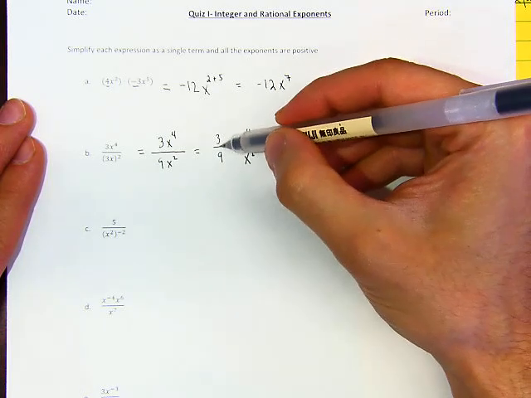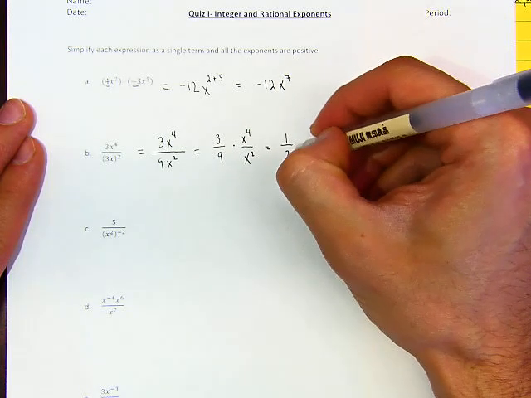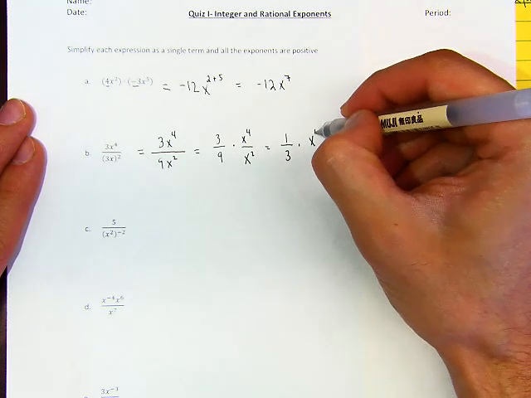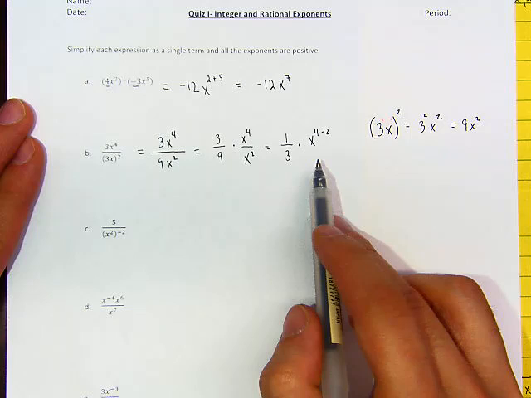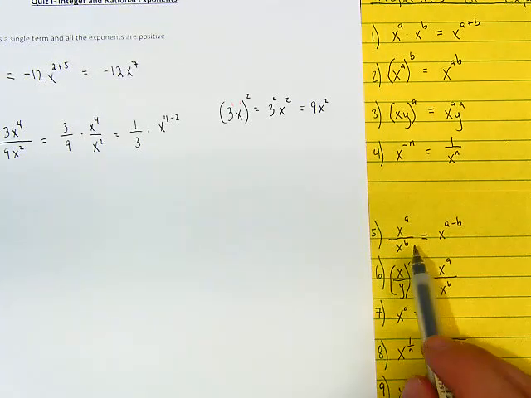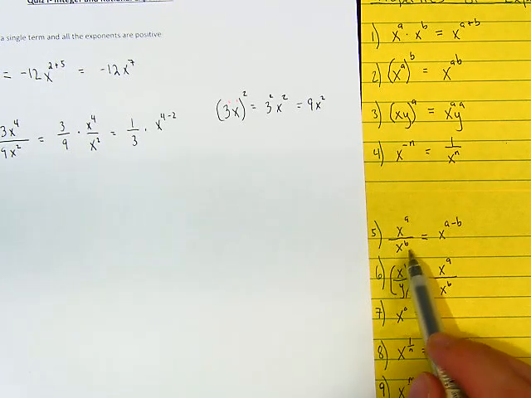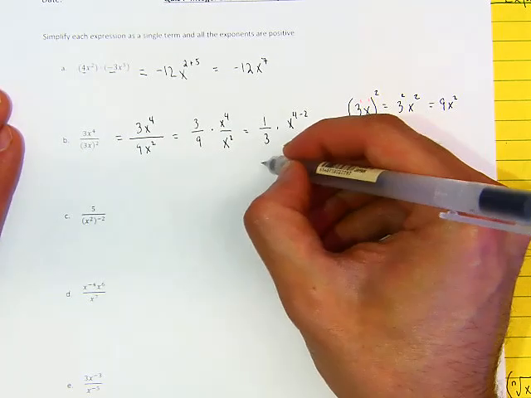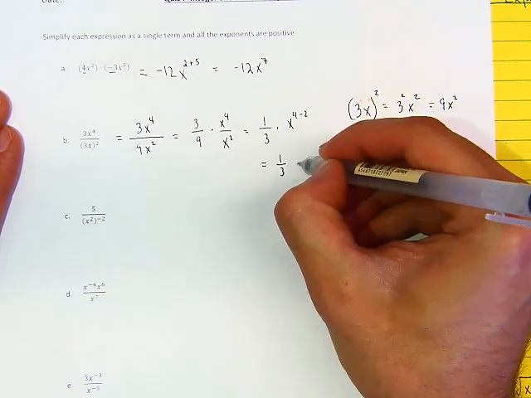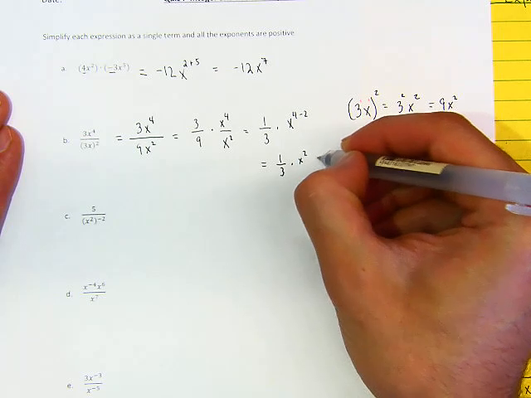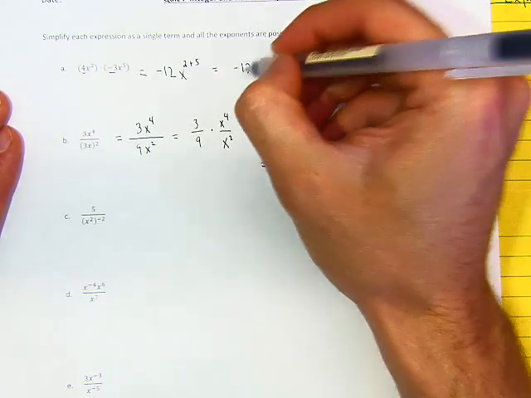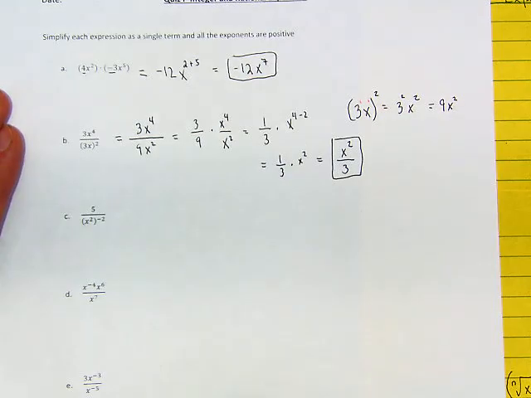So 3 over 9 is equal to 1/3, and x to the fourth divided by x squared is equal to x to the fourth minus 2. And where does this come from? When we divide, what do we do with the exponents? We subtract them. So this just becomes 1/3 times x squared, which is just x squared over 3. Okay? All right. This is nice.